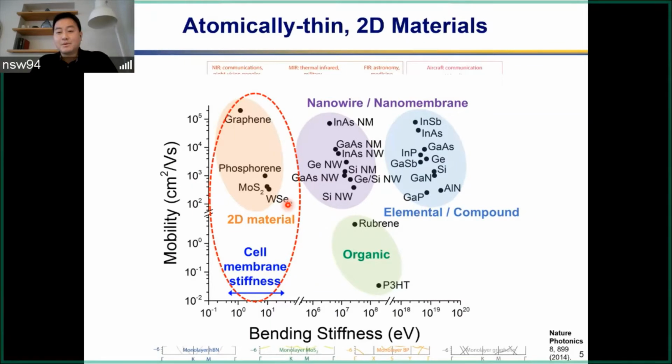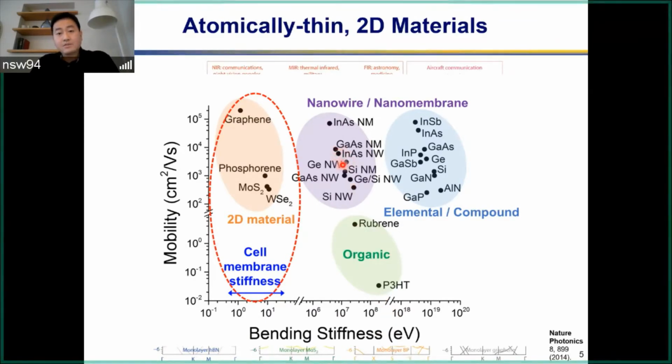Some of them we consider very, very soft, right, when it comes to bending, easy to deform. There are many seminal works using such features to create very interesting, delicate pop-up structures using semiconductors, using very thin film.